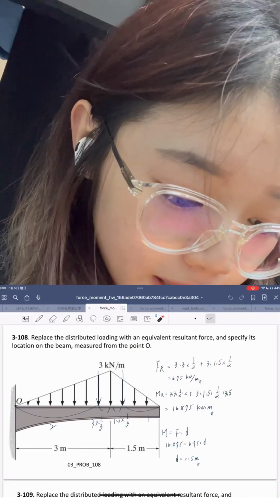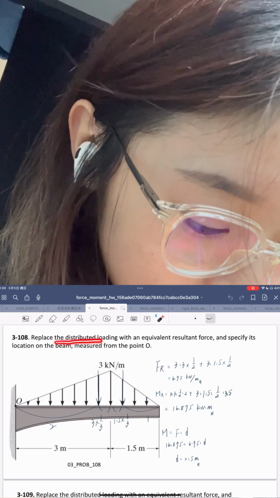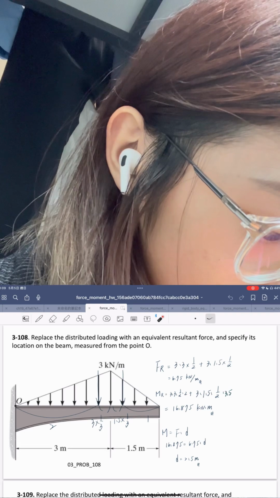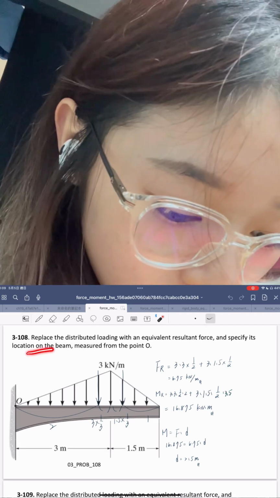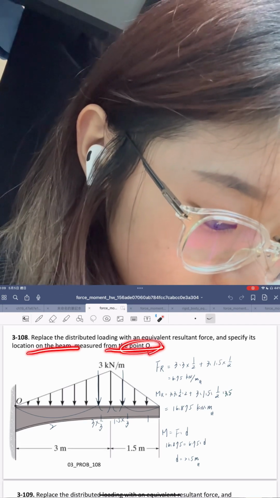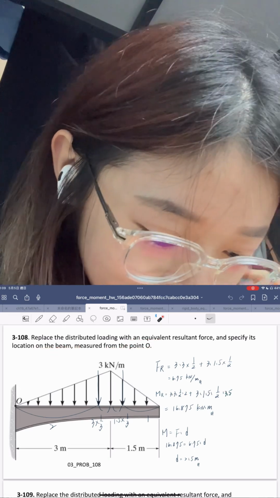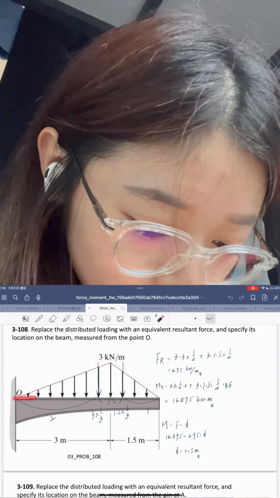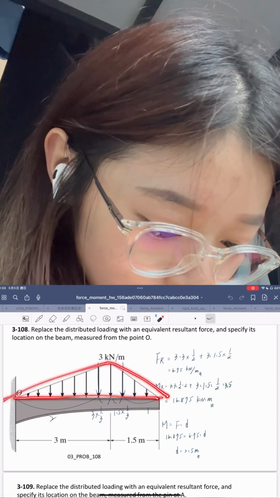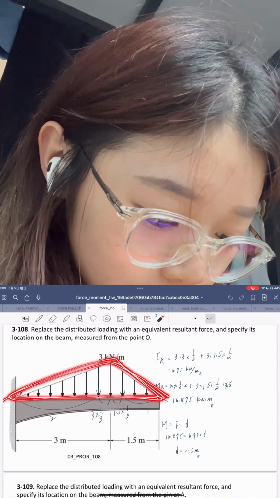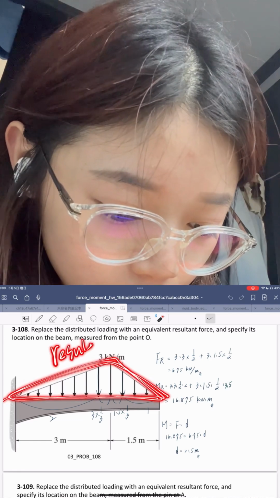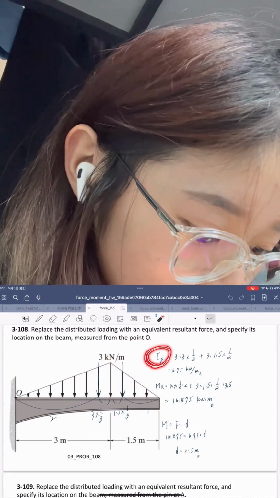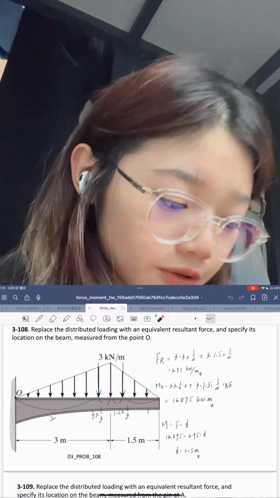The question asks to replace the distributed loading with an equivalent resultant force and specify its location on the plane measured from the point O. With this question, we have to know the area, which means the resultant force.